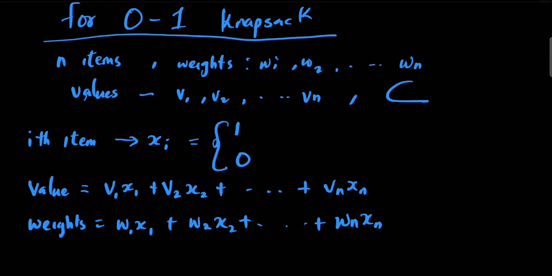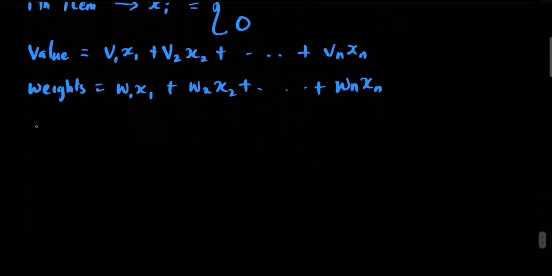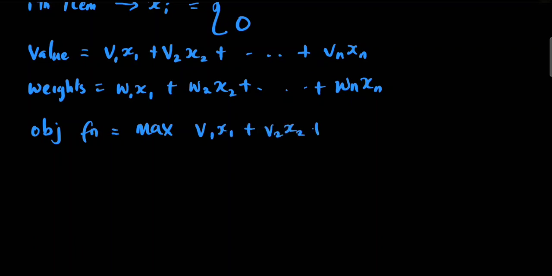So usually for 0, 1 knapsack, our objective function is going to be to maximize our values. So we want to maximize v1 x1 plus v2 x2 all the way to vn xn.